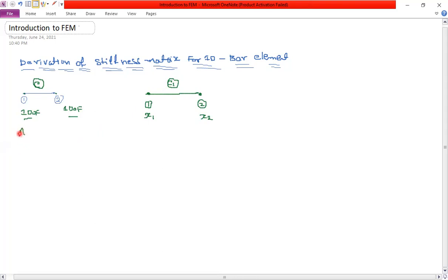Let us assume the interpolation function.